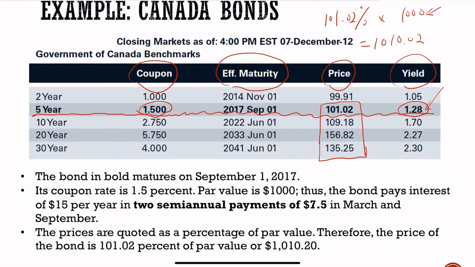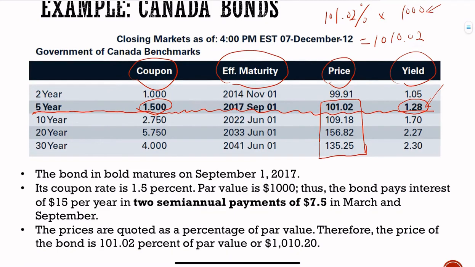In this case, it means that you're getting a lot of payments from the annual coupon payments. A basic law of bond pricing is whenever the coupon rate is larger than the yield, then this bond will become a premium bond. That is, the price is larger than par value.